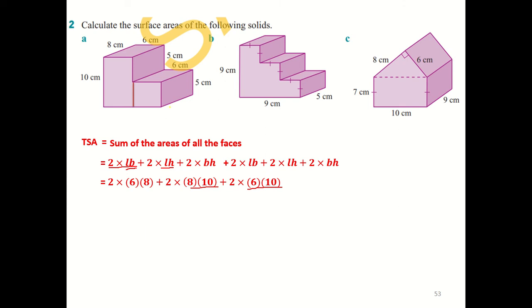With the smaller prism, I'm going to calculate this area, which is 6 as a matter of fact, times the height, which is 5.